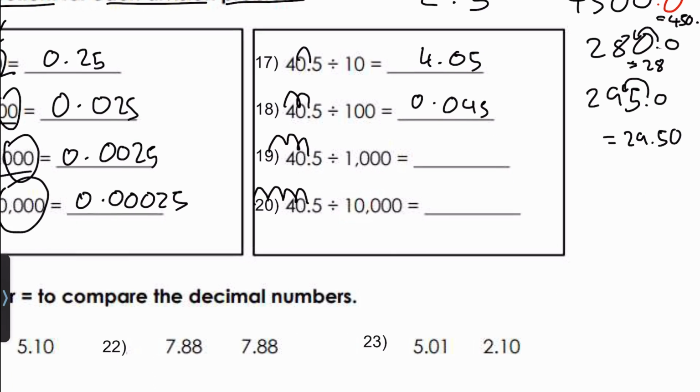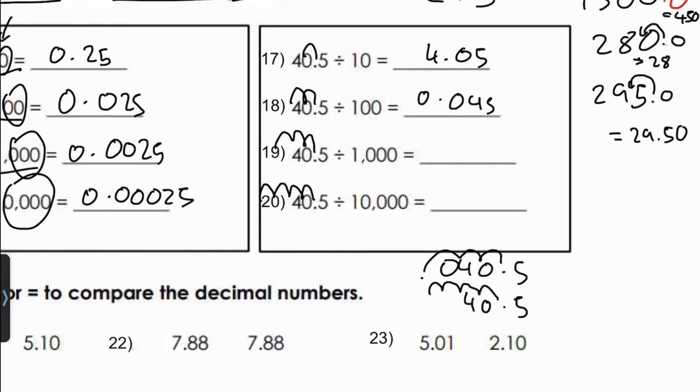Let me just draw it out again. Question 19. What you're doing is you're going back quite a few times, right? You know the decimal point goes here. You have to fill in a 0 here. And then with this question, it's going back 1, 2, 3, 4.